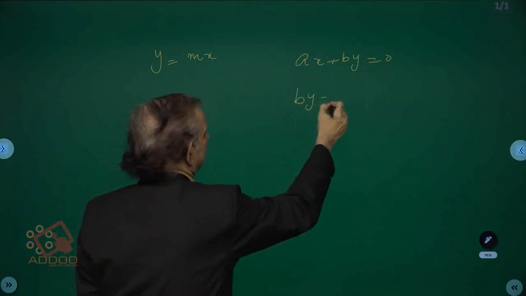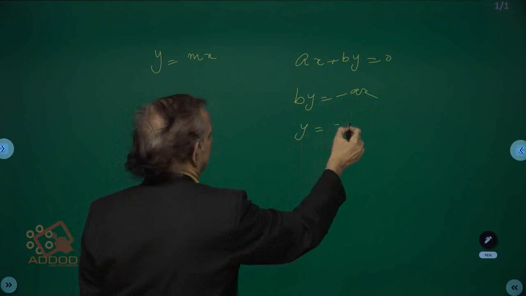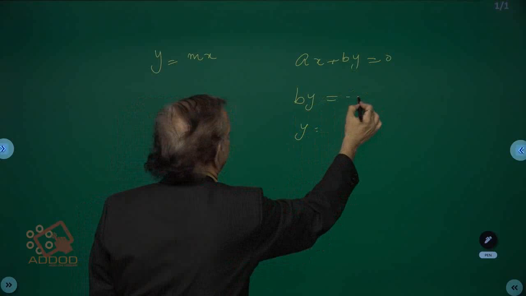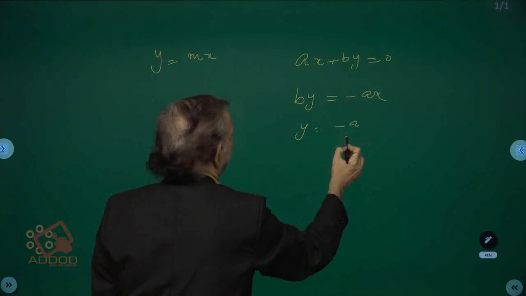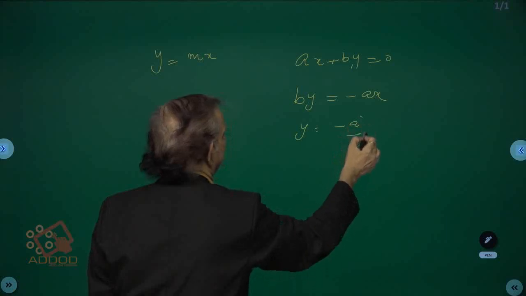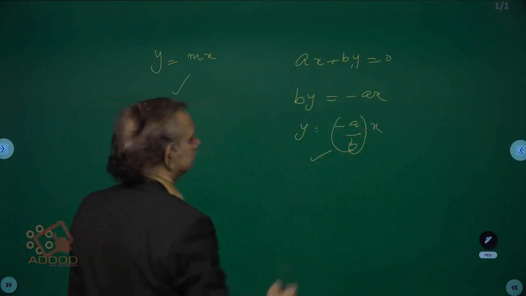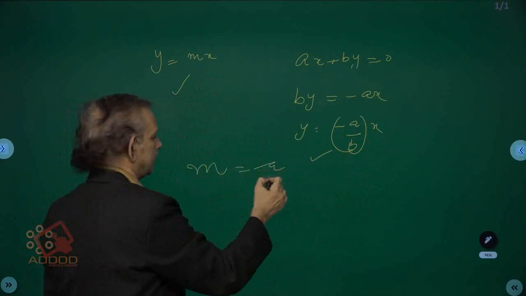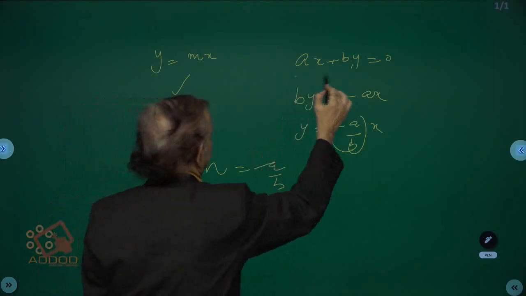By is equal to minus ax, or y is equal to minus a by b into x. Compare these two. What is the slope? Minus a by b.